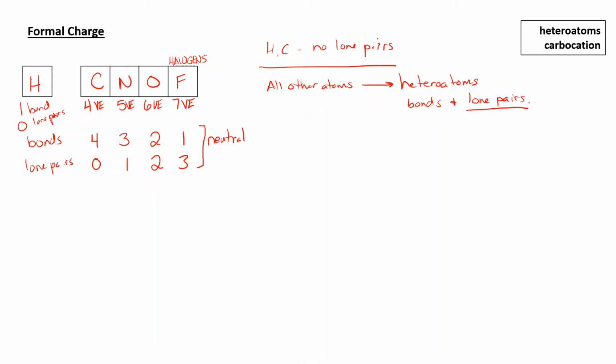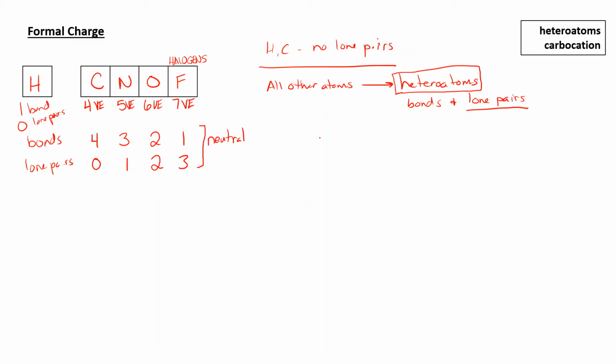And the lone pairs are the interesting part, right? Because the lone pair kind of tracks with reactivity. So heteroatoms are basically anything that's not carbon or hydrogen. So you'll hear me use the heteroatom terminology. Anything that's not carbon or hydrogen is considered a heteroatom.